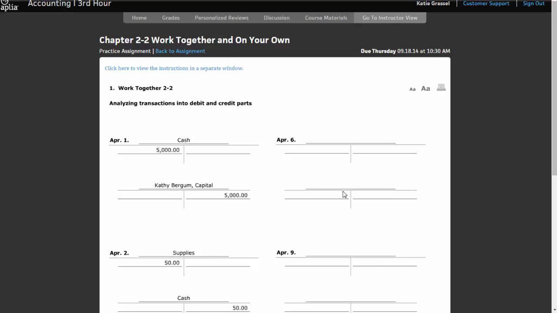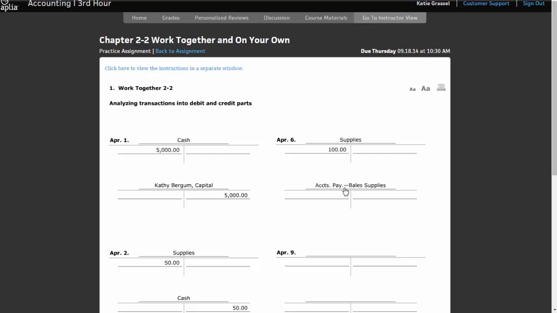So your mind is racing ahead, and I'm slowing it down. Okay, so we said that supplies is an asset that has a debit normal balance. Do we have more supplies or less supplies because of this transaction? More. So supplies is going to be increased. The increased side of supplies is the debit side, so that one will go first. The other account that we're affecting is accounts payable, Bale Supply.